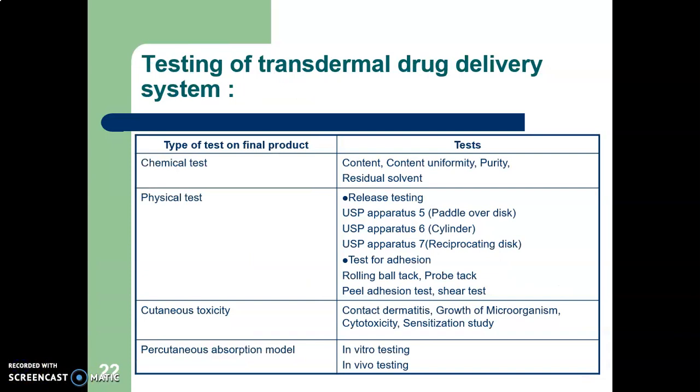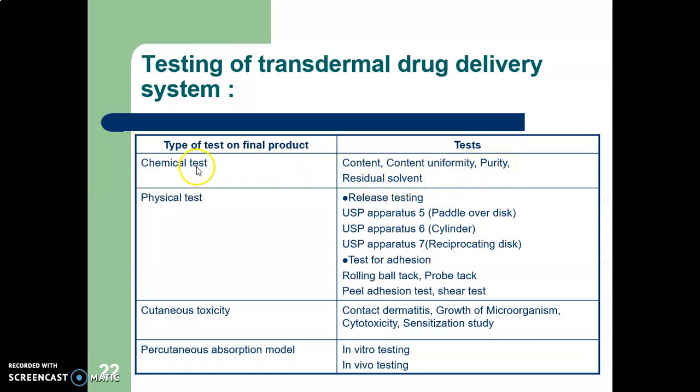Evaluation or testing of transdermal drug delivery systems. This includes a number of tests: physical test, chemical test, cutaneous toxicity, and percutaneous absorption model. Chemical test includes drug content, content uniformity, purity, and the residual solvent.